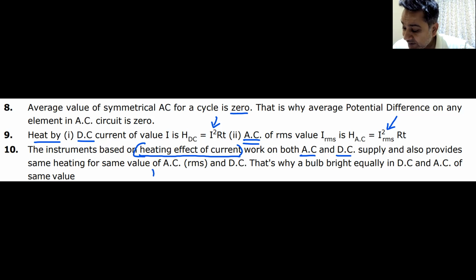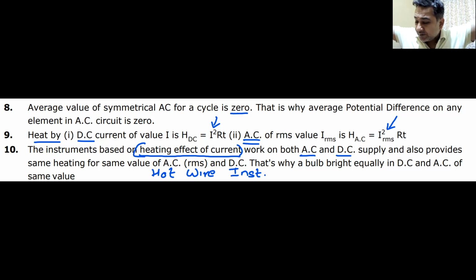Such devices are known as hot wire instruments because they are based on heat. So if it is an ammeter, it will be known as a hot wire ammeter. If it is a voltmeter, it will be known as a hot wire voltmeter.